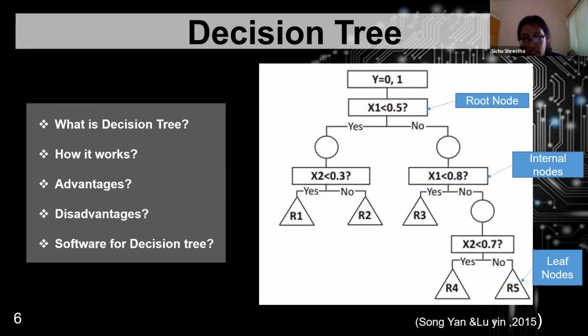Now, for disadvantages, it is very difficult to deal with high dimensional data. It can easily overfit, and sometimes can take a considerable amount of time to build a decision tree. It also cannot work with complex interactive processes, and there can also be propagation error while using decision tree.